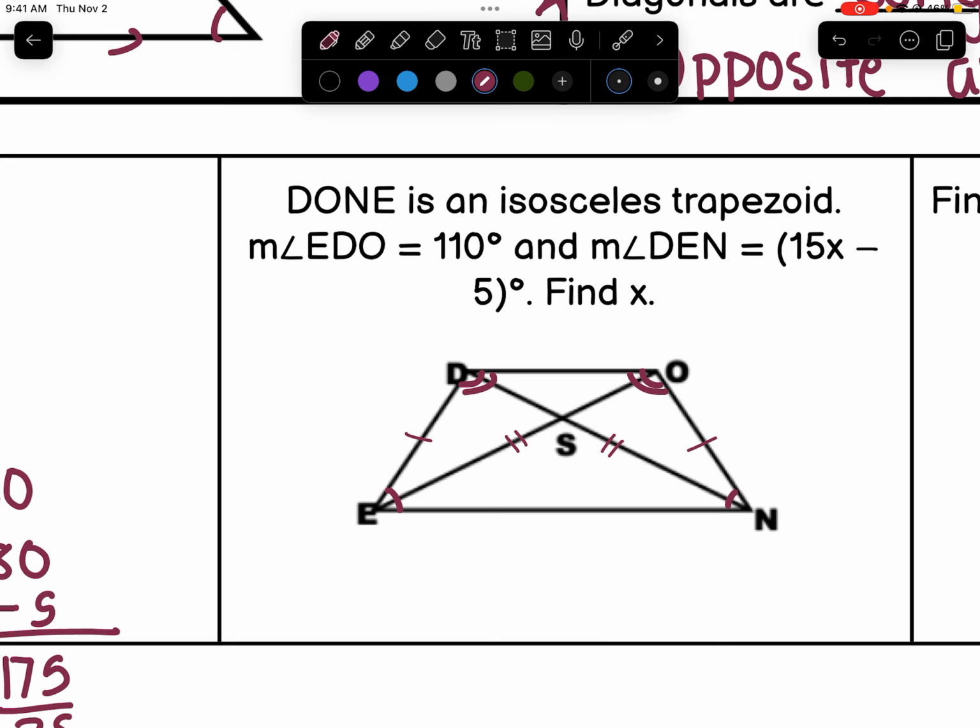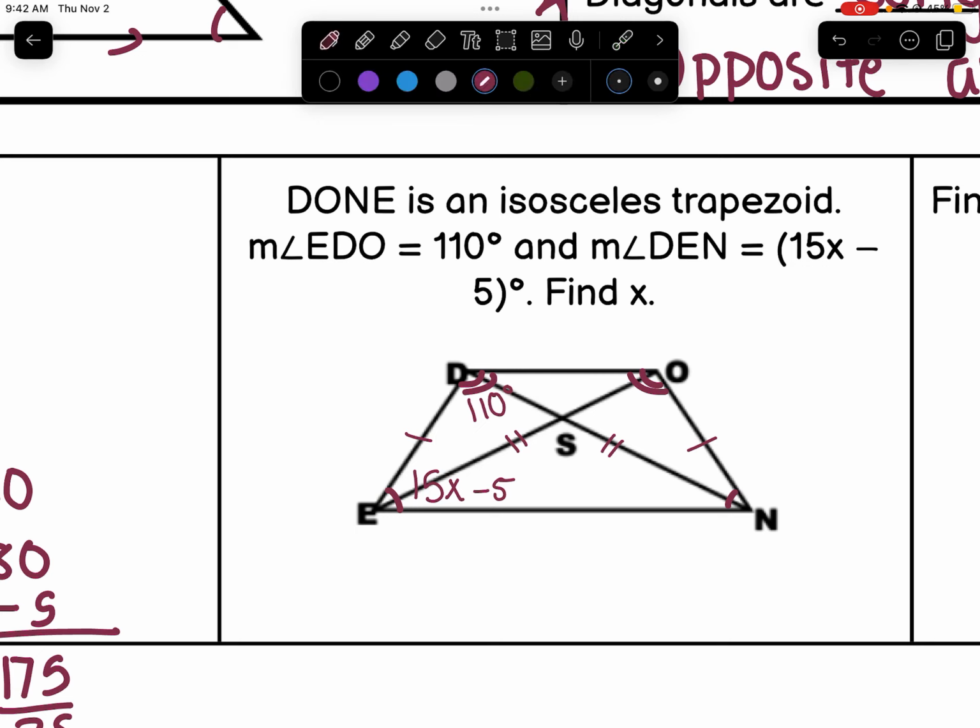We're told that angle EDO is 110 degrees. And we're told that angle DEN is 15x minus 5 degrees. So angle D and angle E, what is their relationship? They're not congruent because they don't have the same number of arcs. They are supplementary, just like this last problem.